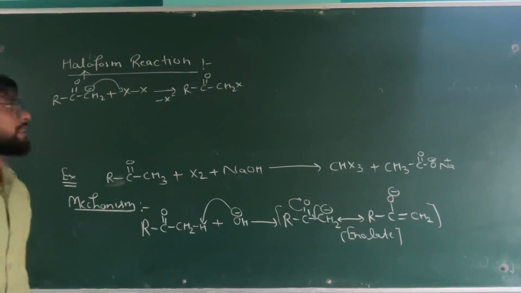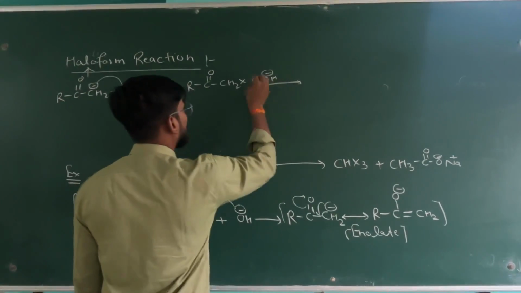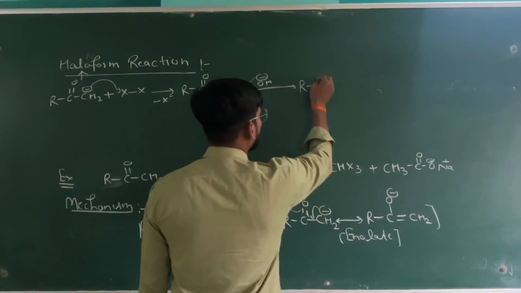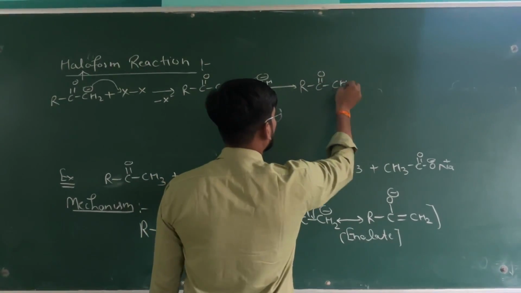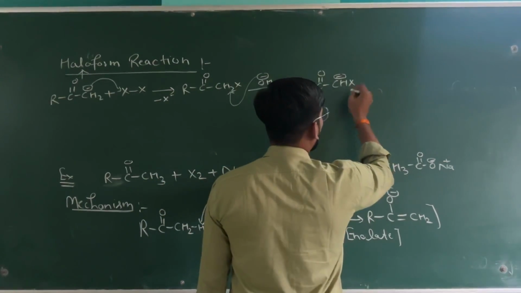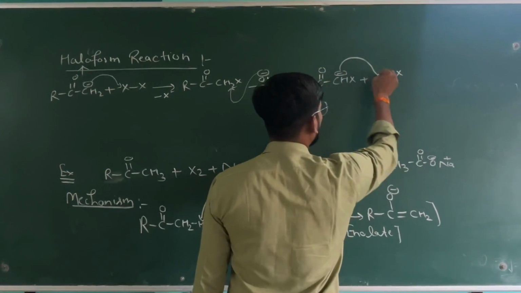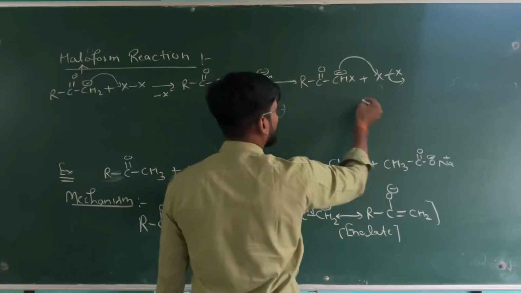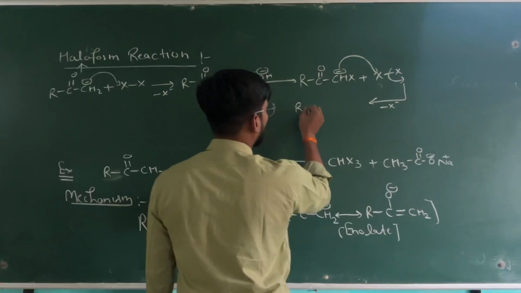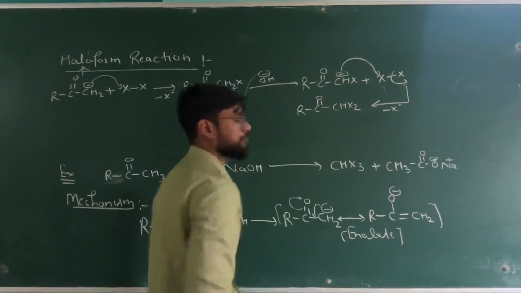Again the same step is followed: base OH minus accepts the proton and creates the negative charge, RC double bond O, CH minus X. Then again it attacks the halogen X through backside attack, removing X minus, and forms RC double bond O, CHX2.